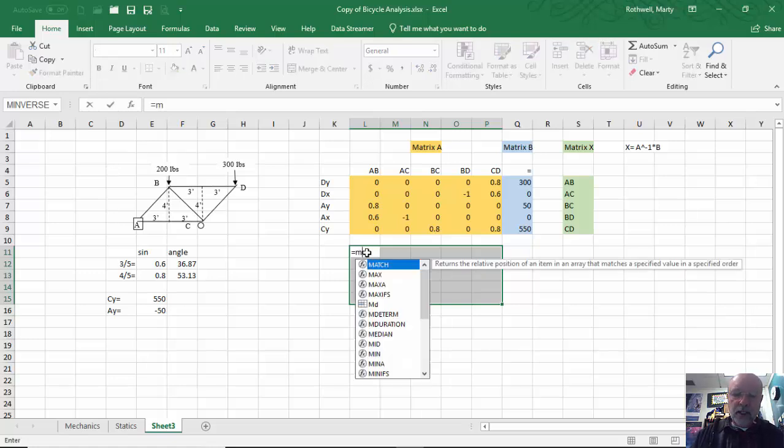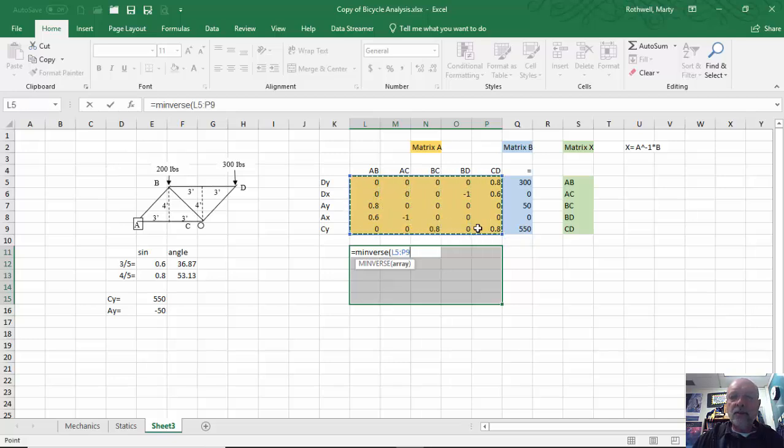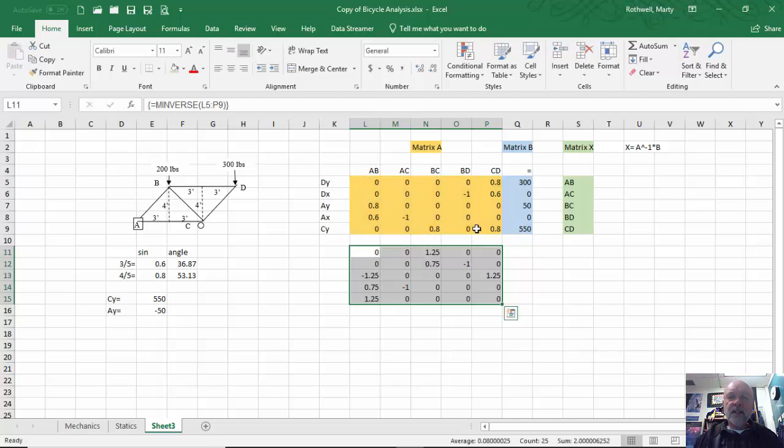I say equals M inverse, and then I highlight what I want to take the inverse of, and then you have to hit Control Shift Enter. If you hit Enter, it won't work. You have to hit Control Shift Enter all at the same time. And then voila, this is now the inverse of matrix A.